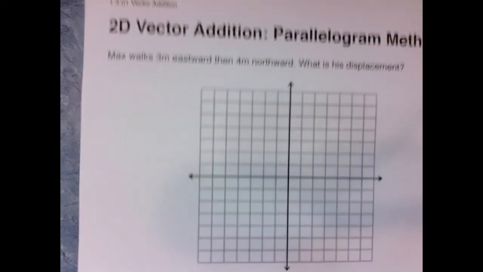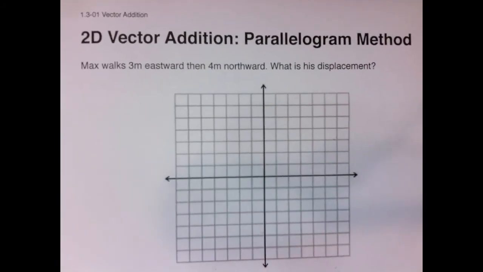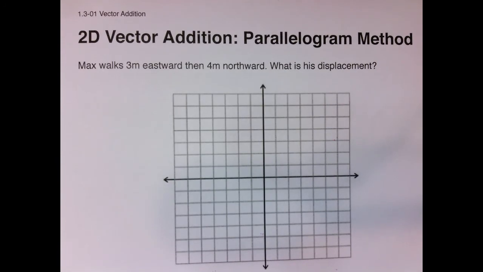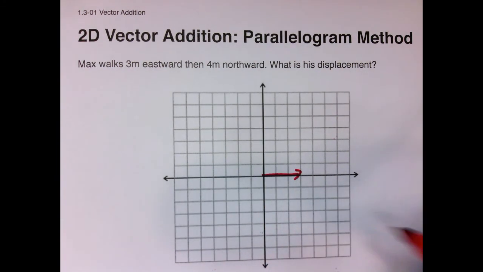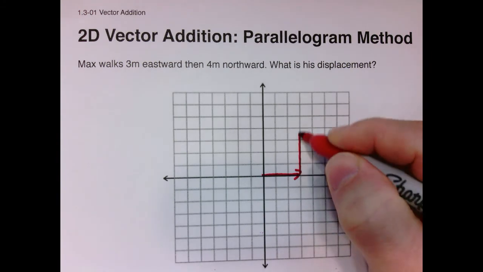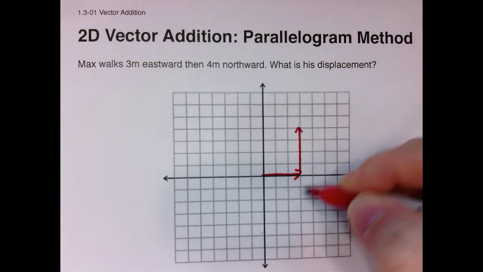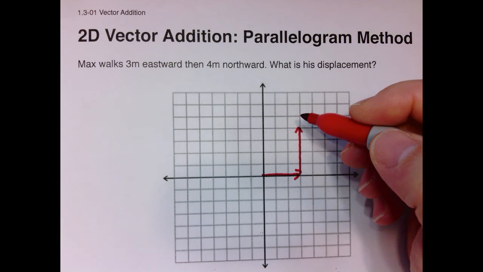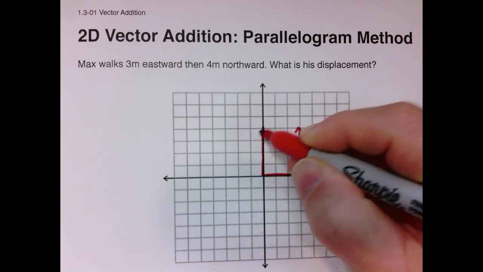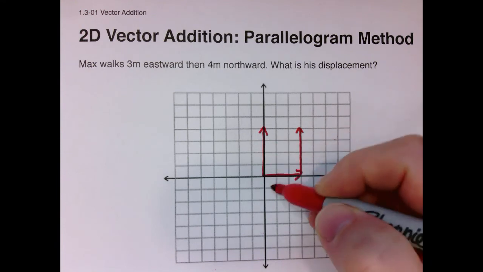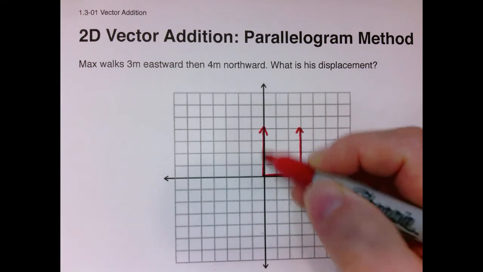So now let's lastly look at this two-dimensional problem using the parallelogram method. We'll have Max walk 3 meters eastward, 1, 2, 3, and then 4 meters northward, like so, and we would complete the parallelogram. Actually, this is the one that should be drawn because the two share the same end.